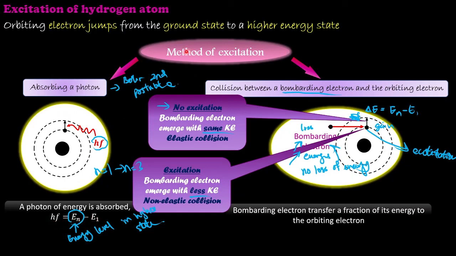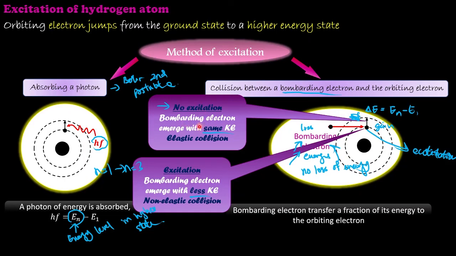And if the excitation is based on collisions, the bombarding electron transfers part of its energy to the orbiting electron, and this electron gains the energy and is excited to a higher energy state, where the gained energy is still equal to En minus E1.